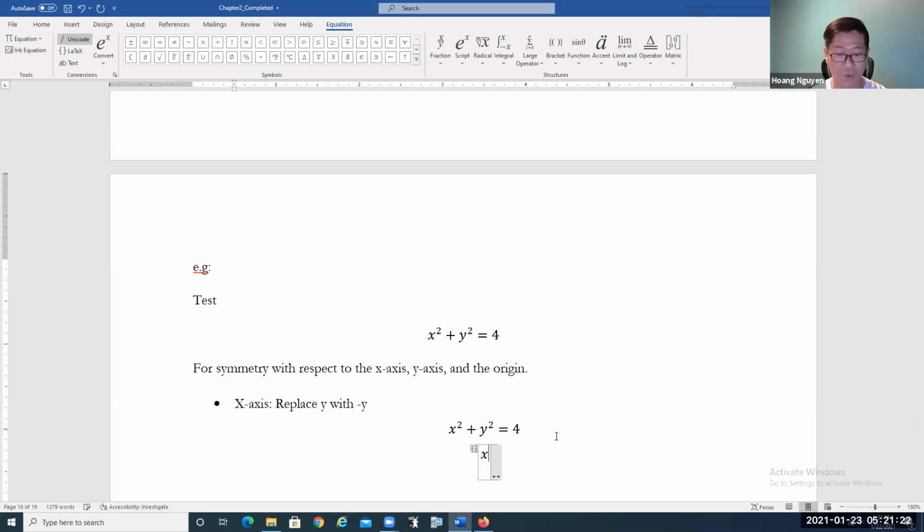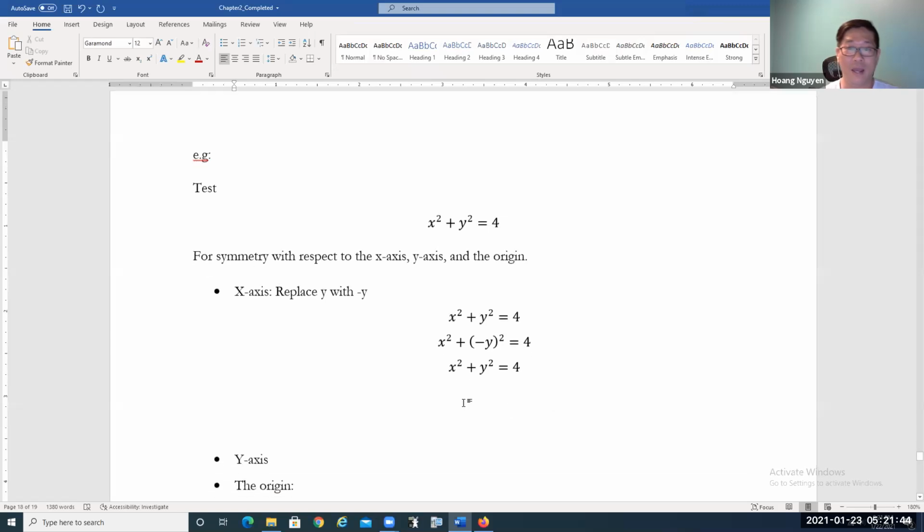So we have x squared, same thing, plus negative y to the power 2 equals 4. x squared is still the same. When you take a negative y raised to the power 2, the answer will be positive, so it's going to be y squared equals 4.